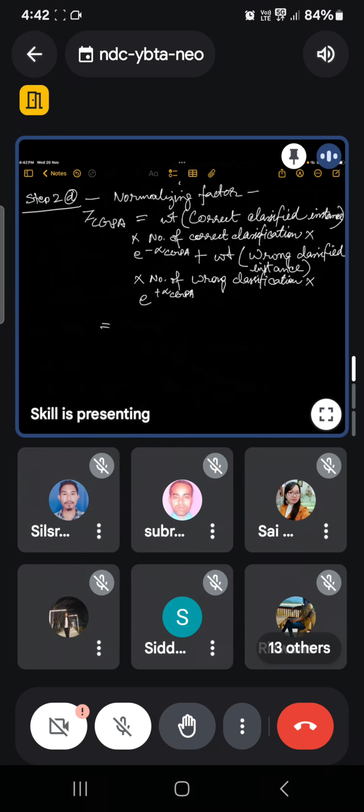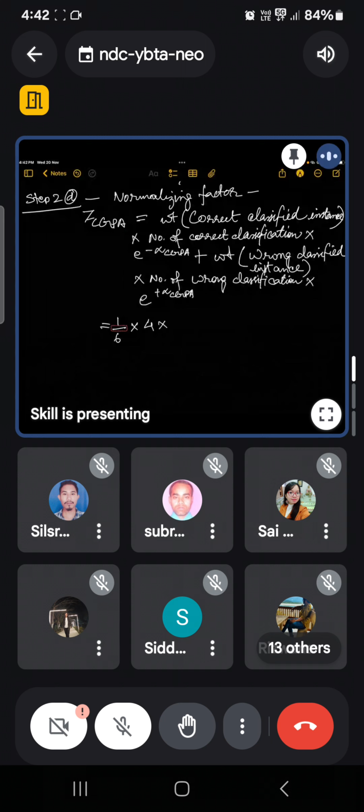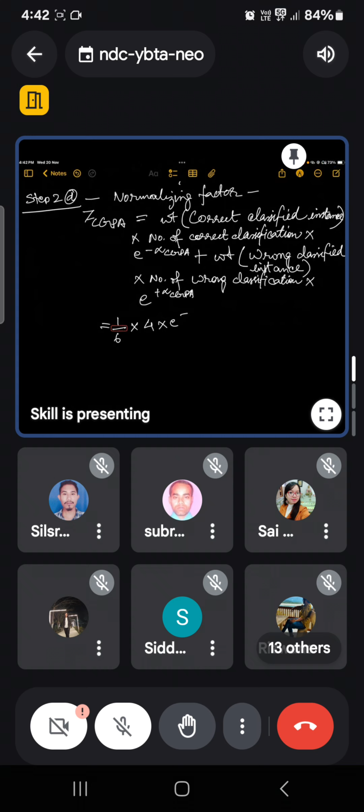So we will write the correct classified instance weight, 1 by 6, into the number of correct classifications, 4, into e to the power minus 0.347, which was already calculated as the weight of the weak classifier.